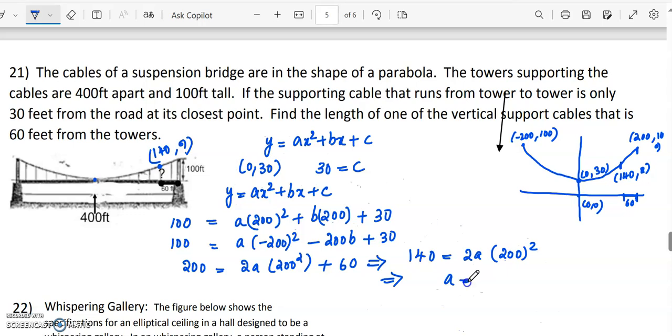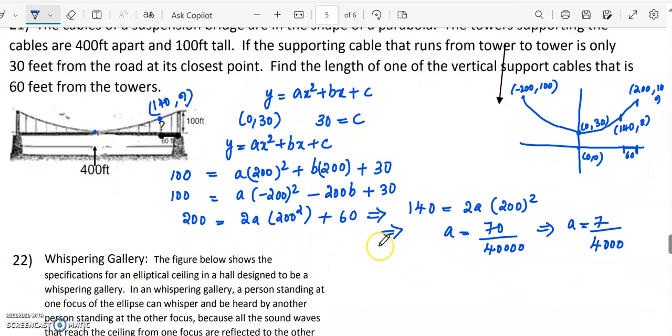So we get a equal to 140 by 2, which is 70, so 70 by 200 squared. So a will be equal to 7 by 4000.